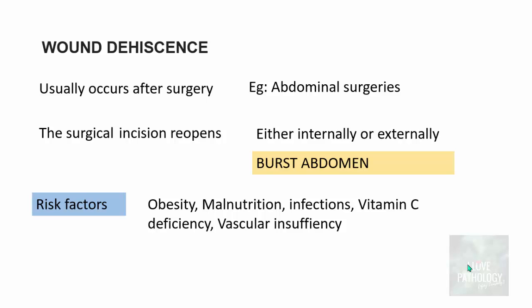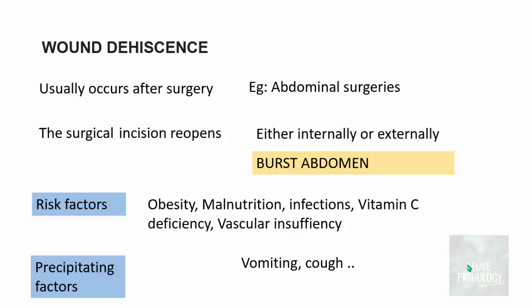All these are risk factors for wound dehiscence. Okay, what are the precipitating factors? In these patients, if the patient is having vomiting or cough post-operatively, that is a precipitating factor because it increases the intra-abdominal pressure and the wound starts opening. Okay, that is wound dehiscence.